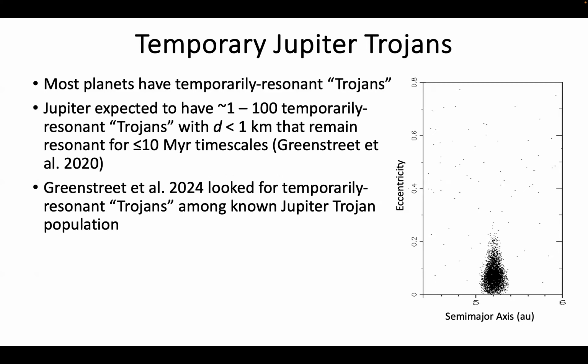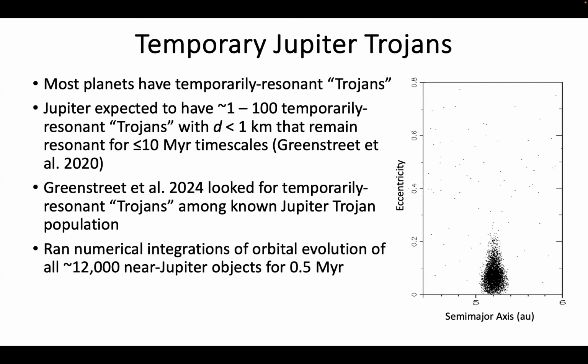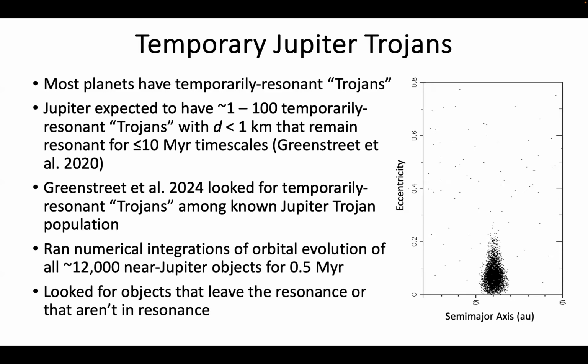So we recently went looking for these objects among the known population, trying to figure out, with all of these objects in the figure on the right, which ones are actually resonant for long periods of time and which aren't. We ran integrations of their orbital evolution for all 12,000 objects, looking for objects that leave the resonance after some time or are not in the resonance at all.